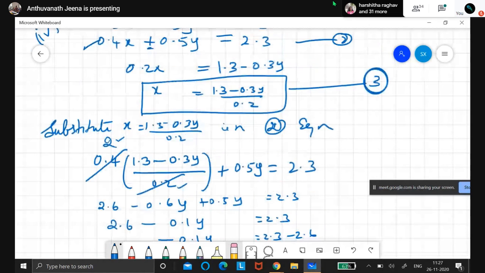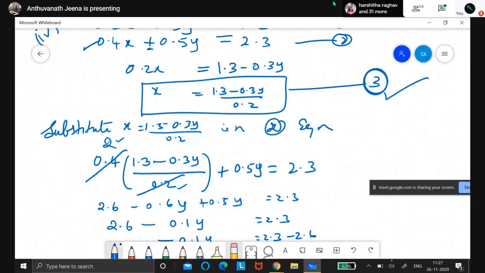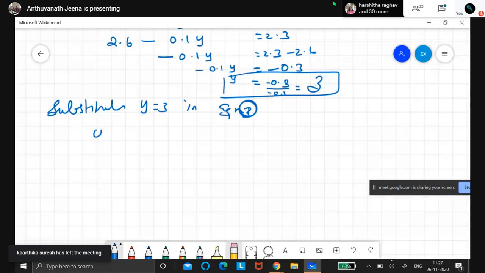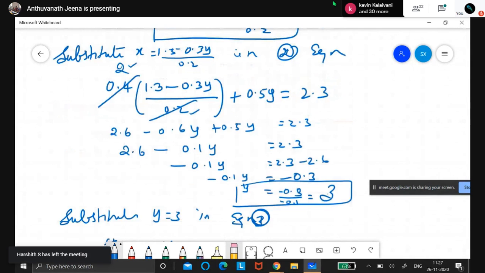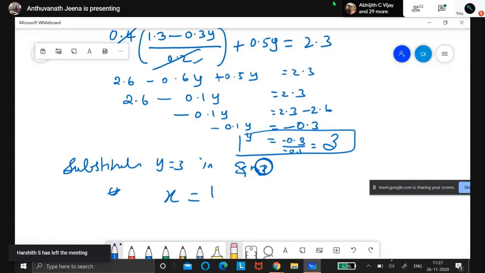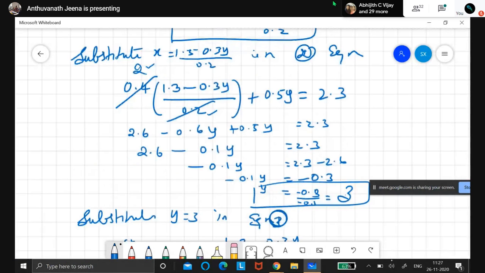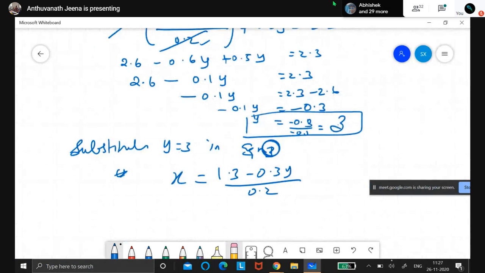After finding y, substitute in this. So the third equation: x is equal to 1.3 minus 0.3y divided by 0.2. Wherever y is there, substitute 3.